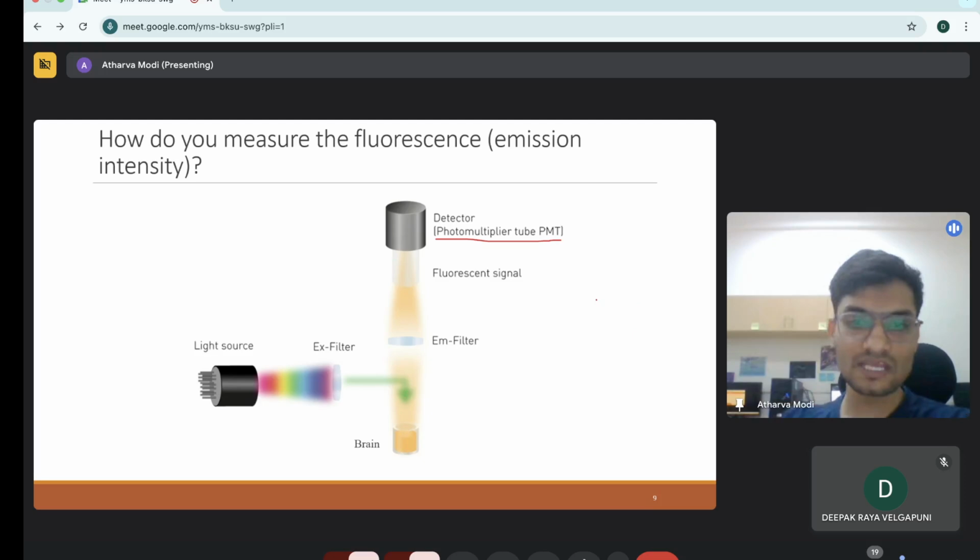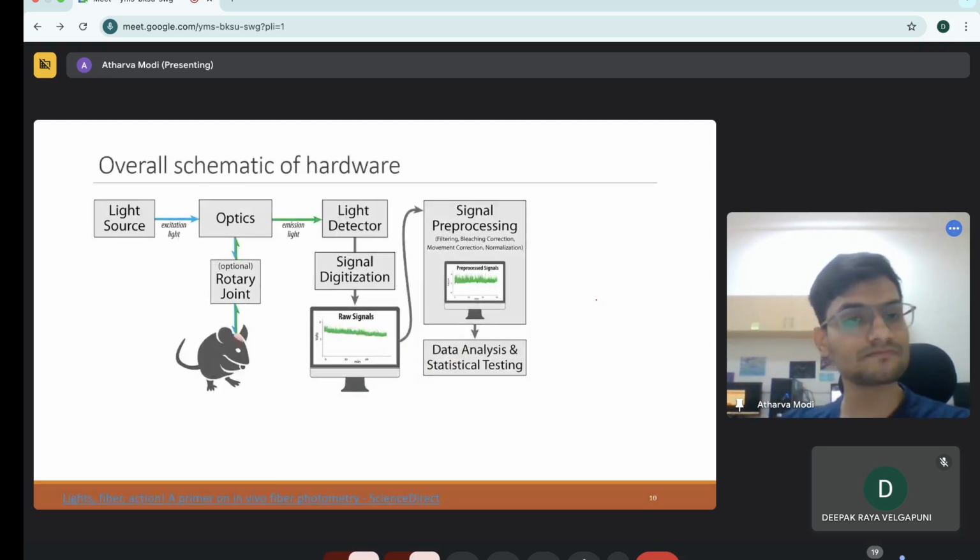So now you have everything in place. You have a light source, some optics going through the animal. The emission light goes to a light detector, which digitizes the signal, and we get some signal like this over time, and then we can pre-process and analyze these signals.